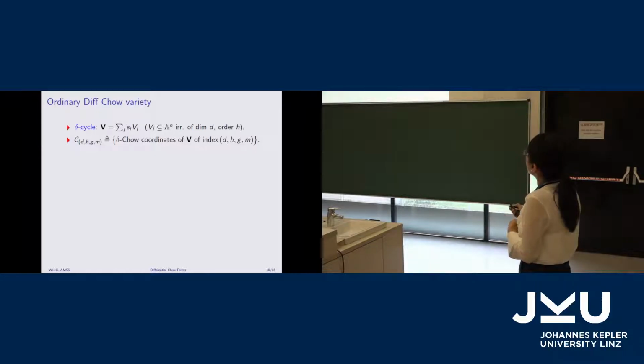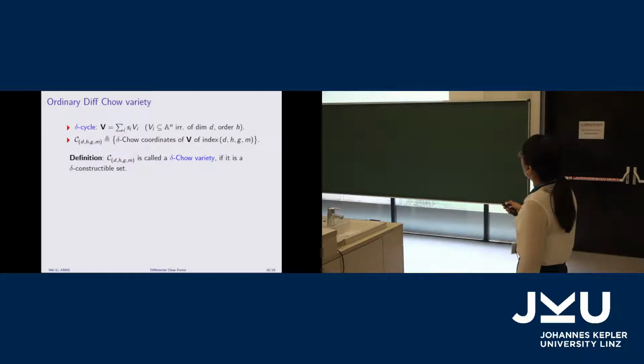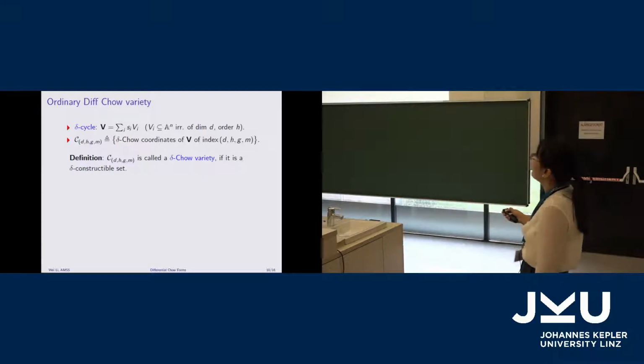And if we consider all the differential cycles of the same index, and if the set of their differential Chow coordinates is a differential constructible set, then we call it a differential Chow variety. And we see for the index DHGM, the differential Chow variety exists.